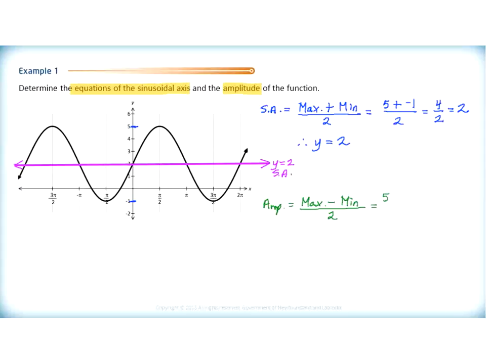So we have 5 minus -1 divided by 2 equals 6 over 2, which is equal to 3. Again, go back to your graph, and the distance between the sinusoidal axis and a maximum or a minimum point on your graph is equal to 3, which represents the amplitude for this function.